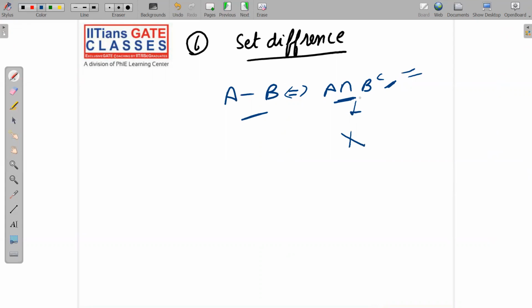I have said that the languages should be closed in both these operations. Like regular is closed in intersection as well as complement, so it will be closed under set difference. But DCFL won't be closed under set difference because it is not closed under intersection. So finally, set difference won't be closed. I hope I have made the point clear.